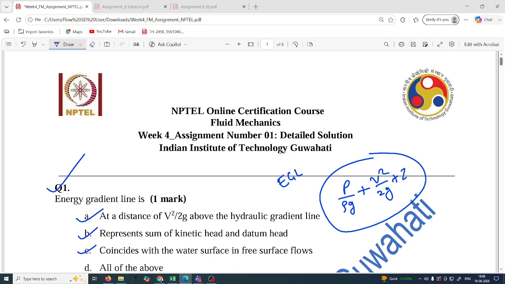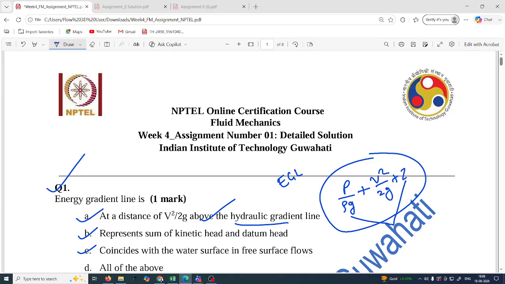One term associated with this is the hydraulic gradient line. In the hydraulic gradient line we only take these two things, P by rho g plus z, not v square by 2g, but in the energy gradient line we need to take the v square by 2g. Now, at a distance above the hydraulic gradient line, yes, definitely. So the first one is correct.